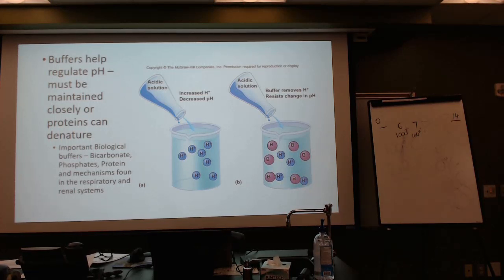Is there a problem if the pH of my blood goes to 7.35? You better bet it is. Because I have increased by a factor of 10 those H pluses. This means I have now offset the pH of my blood.